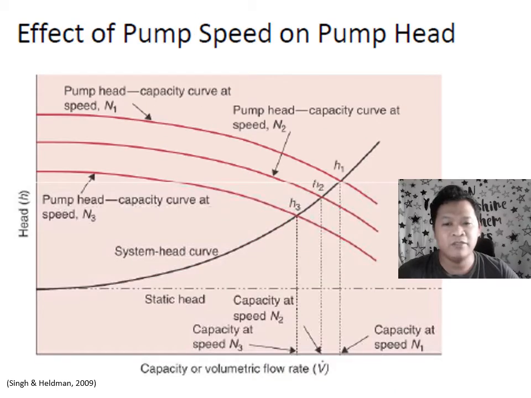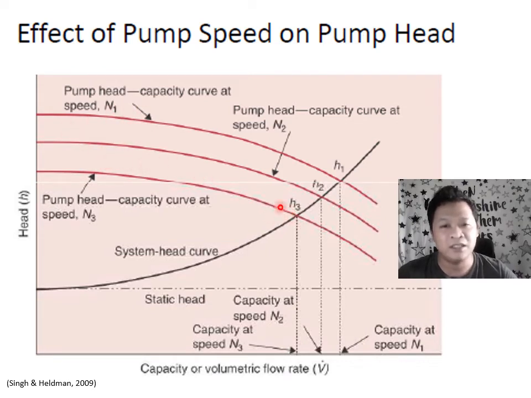So the throttling valve is independent from the pump rotation speed, no? You can adjust the throttling valve for a certain pump rotation speed to adjust the flow. However, it's also possible to control the pump speed, rotation speed.